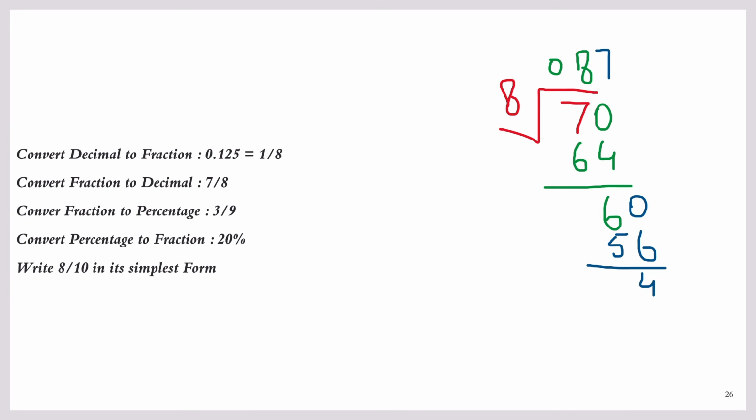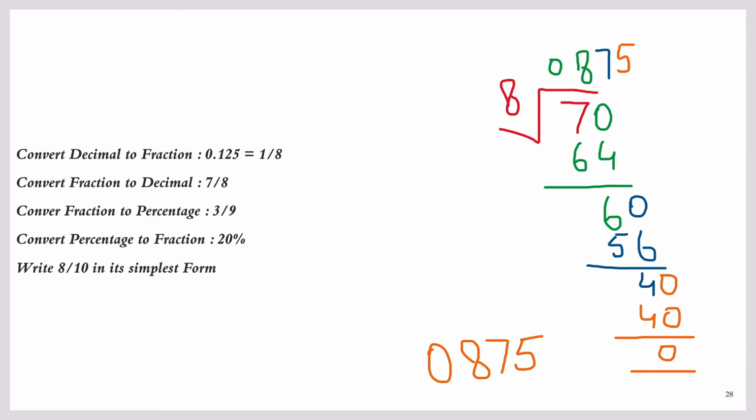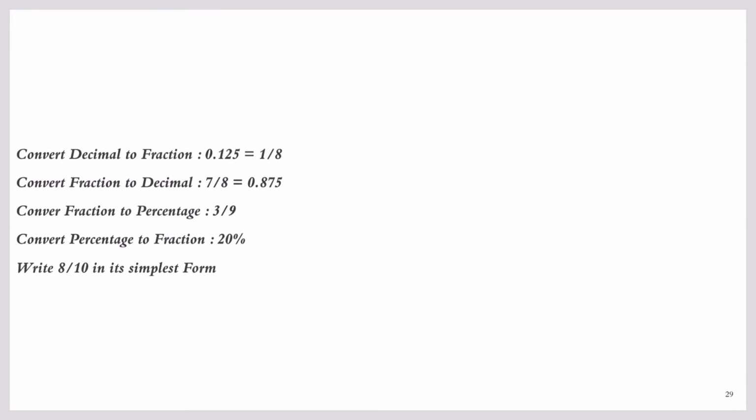So we put another 0 and follow along with the basic division. So 60, and 8 sevens are 56. That gives us 4. Finally we put another 0 and do the division and we get 0.875. So 0.875 is our final answer, and that is what we are going to put as the answer to our second question.